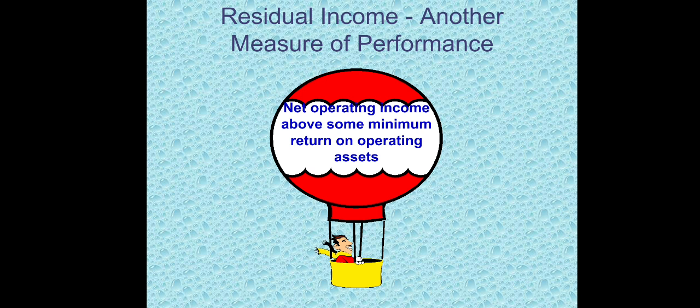When you evaluate the performance of a segment of a business, actually you also evaluate the performance of the manager of that segment. Let's say you evaluate the performance of segment A. If the segment makes profit, then you can say that the performance of the segment is good.